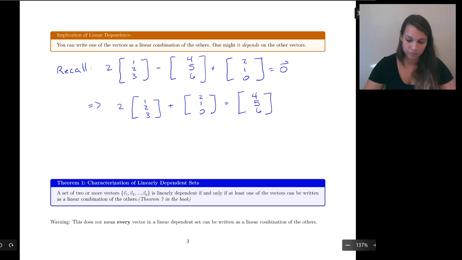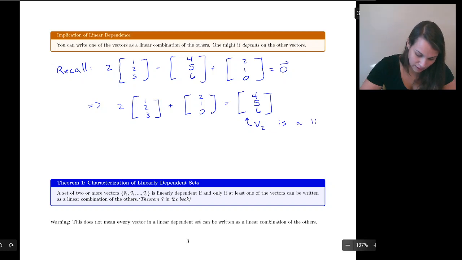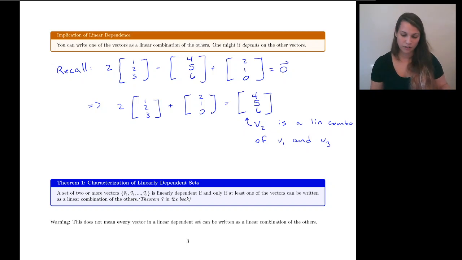There we go. So V2 is now a linear combination of V1 and V3. Okay, because we've got a linear combination, it's scalar times vector on the left-hand side.